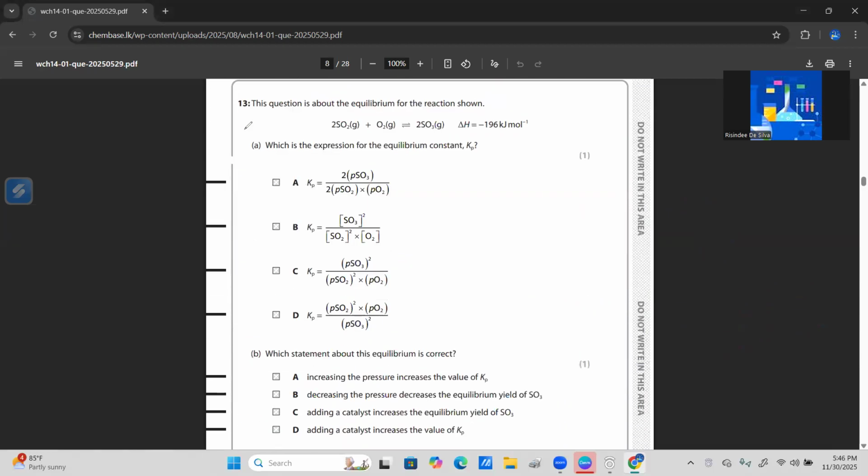Then the 13th one, which is the expression for the equilibrium constant. When we write Kp, children, it's always the partial pressure. Therefore, we don't use square brackets. We use partial pressures like this: PSO3 to the power 2 divided by PSO2 to the power 2 and PO2.